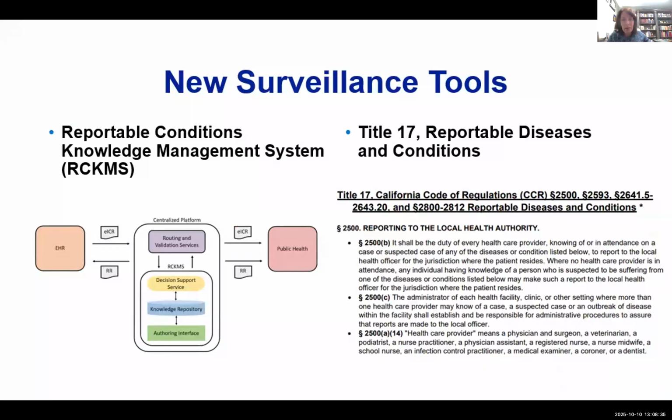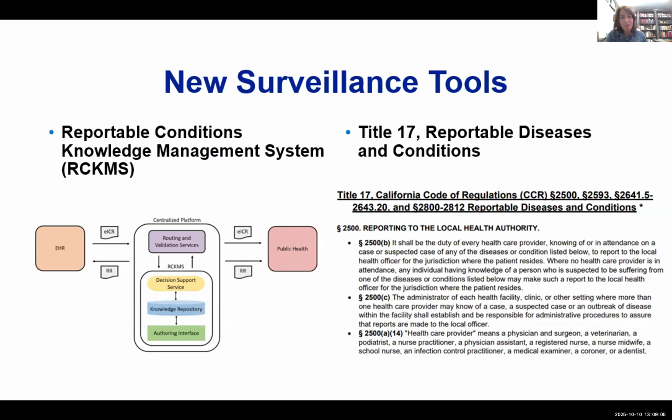I mentioned this a little bit earlier. We've developed some new surveillance tools. We're using the Reportable Conditions Knowledge Management System, or RCKMS, to facilitate electronic case reporting, where the electronic health record essentially reports to us, so that we don't have to have a clinician taking time out of their busy day to figure out who do I report to, how do I get this where it needs to go, and where's the fax machine to send this report.